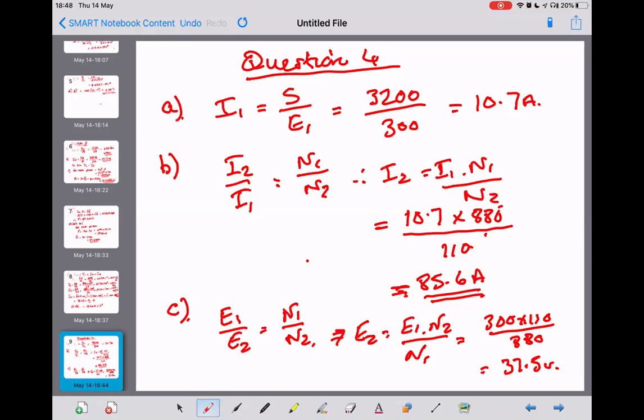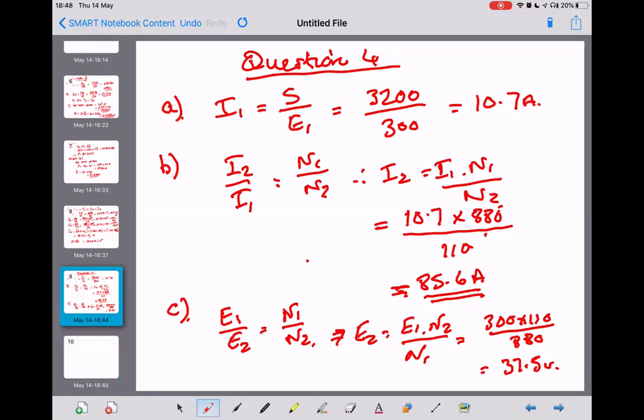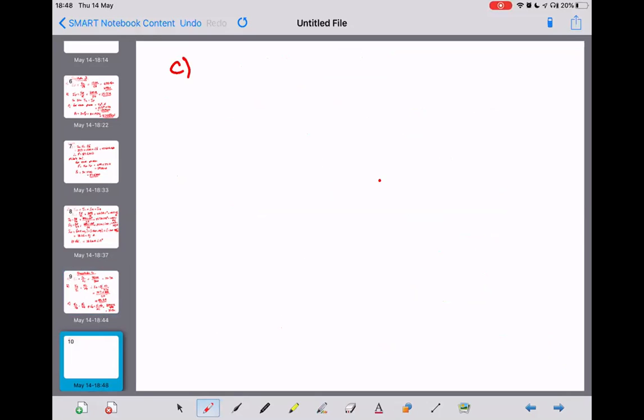I'll just show you what I've got in my solutions for C, just checking you got the same answer as me. Yeah, 37.4 I got. All I did was this: E2 is equal to S over I2, 3200 over 85.6, and now I've got 37.4 volts.